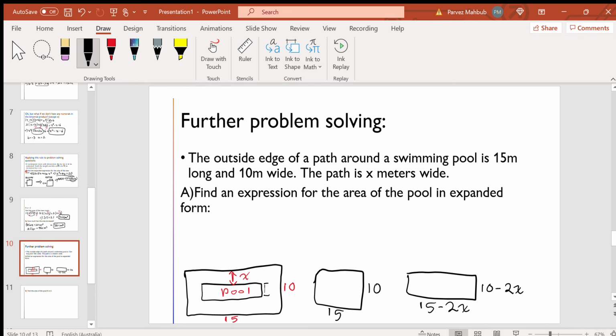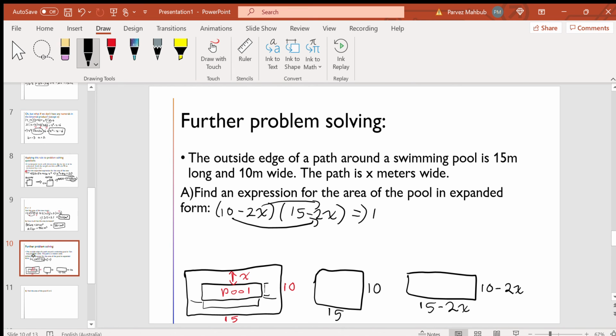And the same logic is applied to find this length here, 15 minus 2x, because this is x and this is x. So the expression for the area of the pool should be 10 minus 2x times 15 minus 2x. We can expand this by multiplying this with this and this with this.